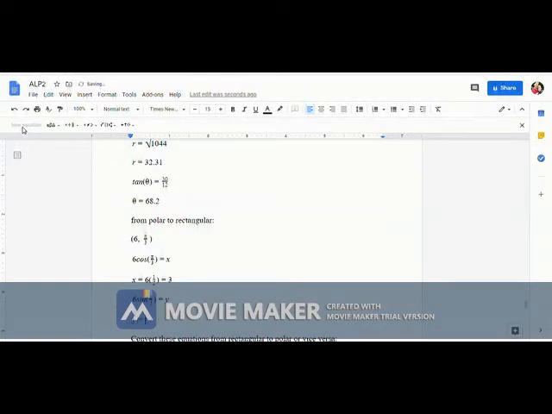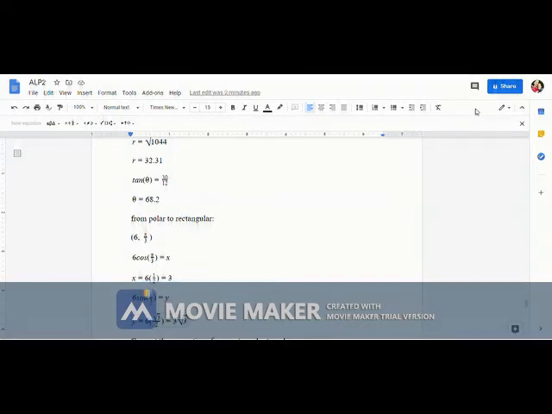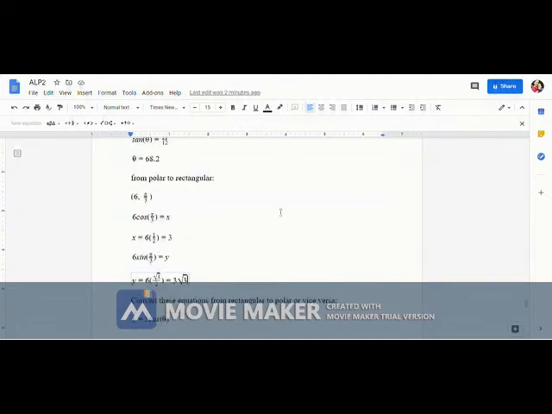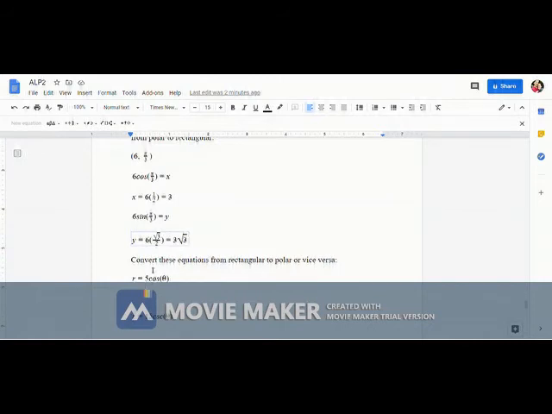So then y equals 6 times square root of 3 over 2, okay, or y equals 3 times the square root of 3. And now that we have converting from rectangular to polar and polar to rectangular under our belt, we can use those same identities to be able to convert equations from rectangular to polar or vice versa.